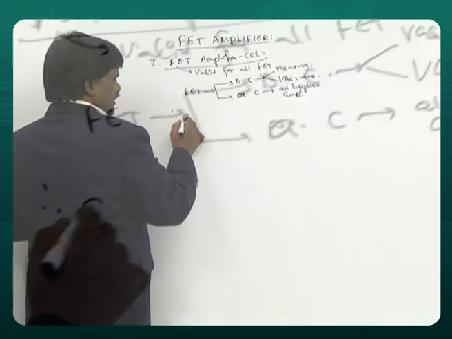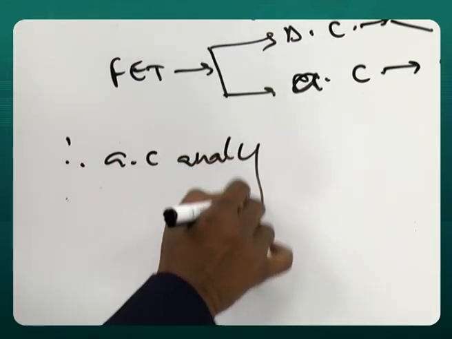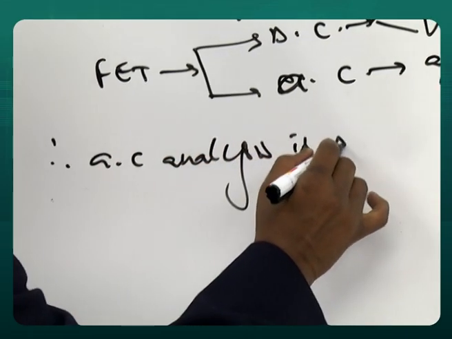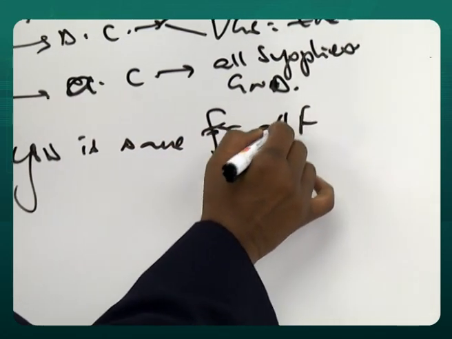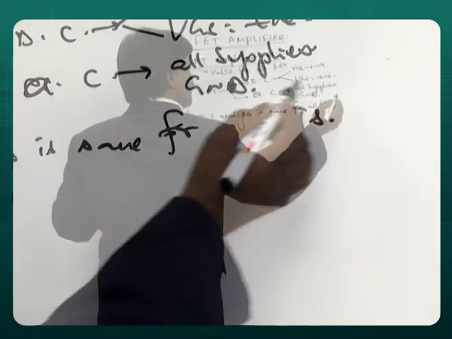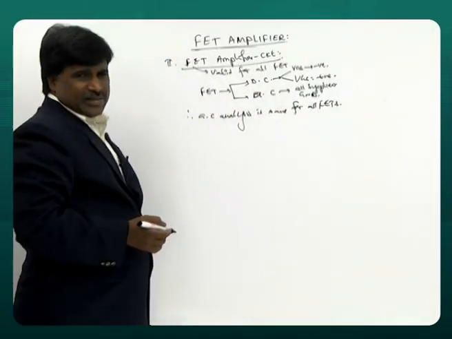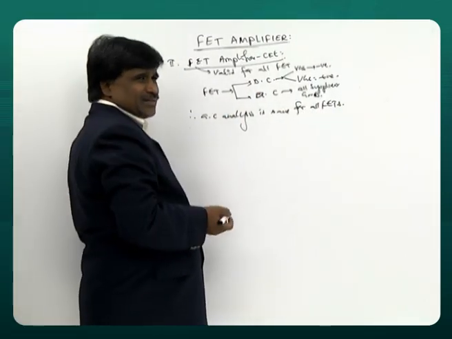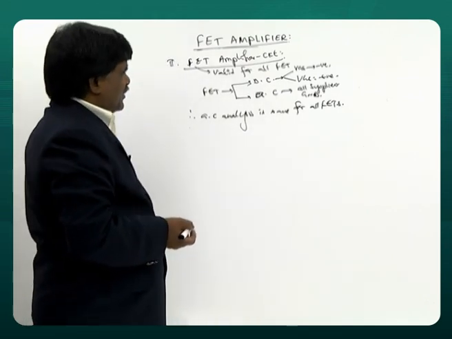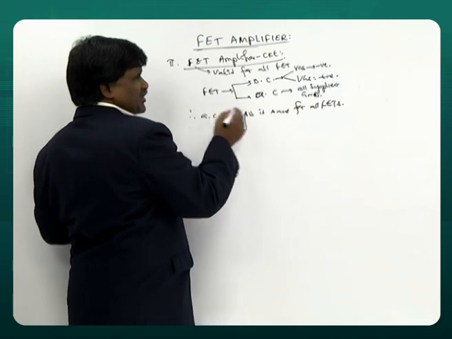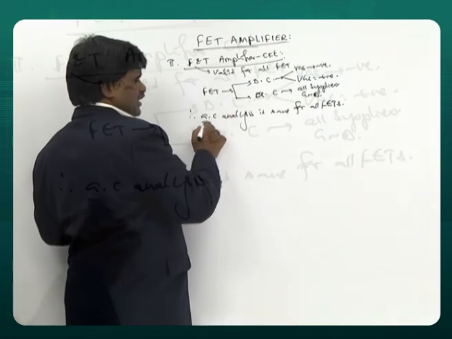Therefore, AC analysis is the same for all FETs. So one of the good news is you don't need to study separately. Whether it is a JFET or MOSFET or any type of FET, AC analysis is the same.